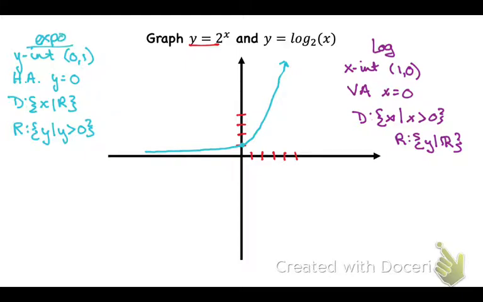Now, we didn't even draw it, did we? Not yet. We got all of our information off of our exponential function. So if I know what the exponential function is, can I just interchange range and domain and find the logarithmic function? Yes. So it has to go through 1, 0, which is right there.